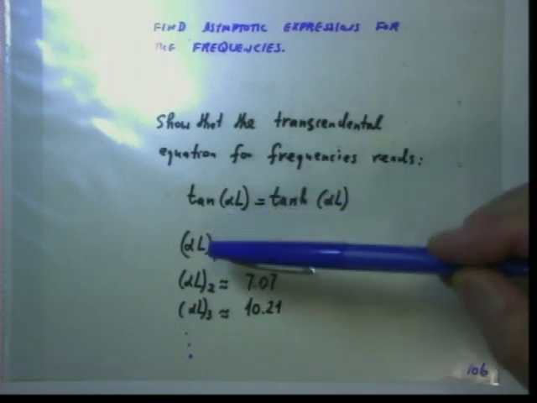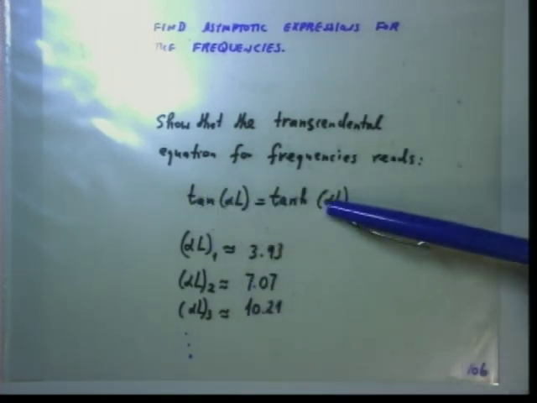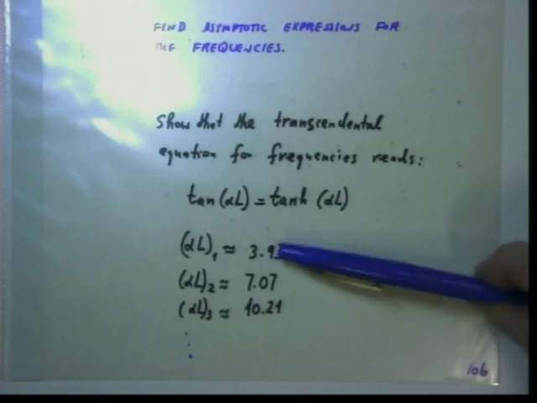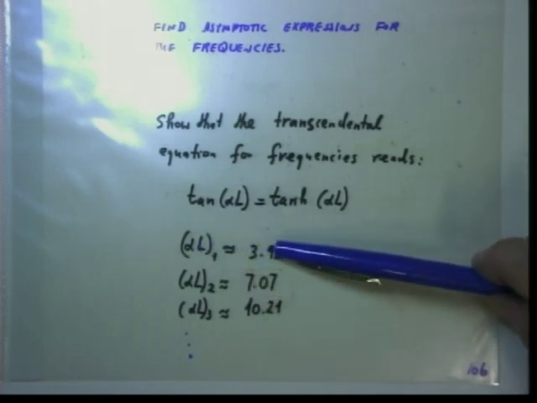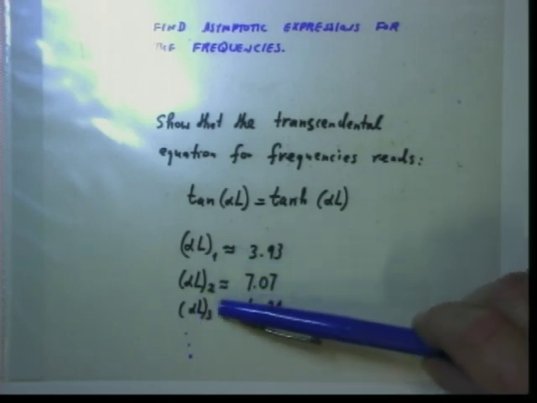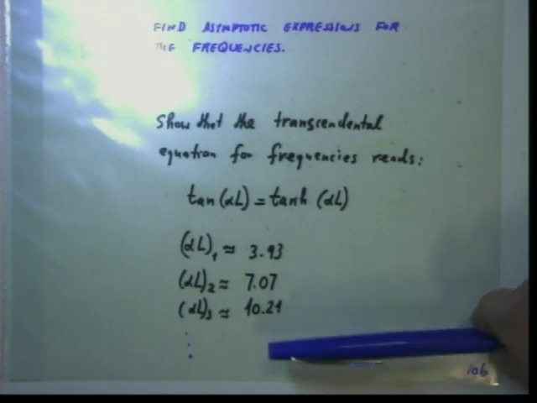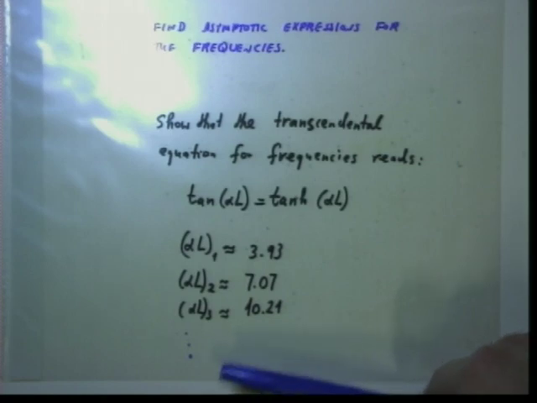Now, please find graphically solution of this equation, and check how close they are with these solutions that I gave you. Alpha L1 equals 3.93, alpha L2 equals 7.07, alpha L3 equals 10.21, and please find the fourth one, alpha L4.